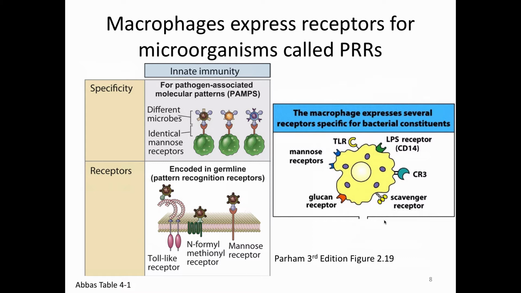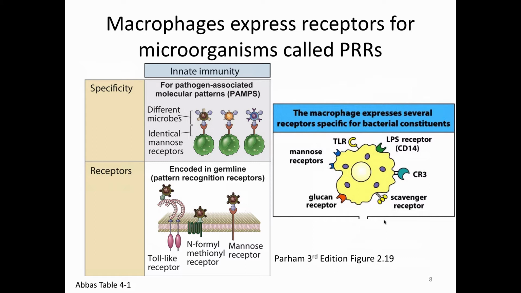The idea is that this is going to be a receptor that can bind to some component of a microbe. We can think of it as a microbial pattern that is present on non-self organisms, but not on self.